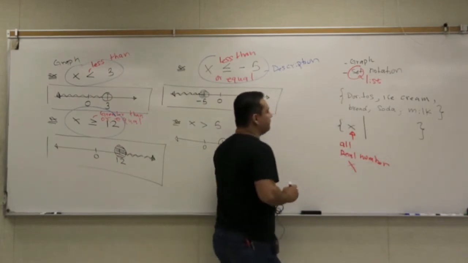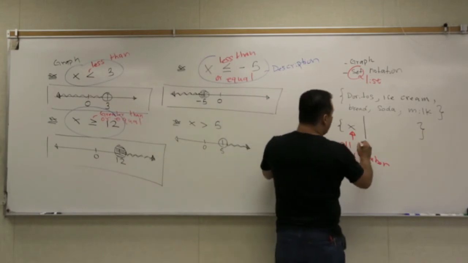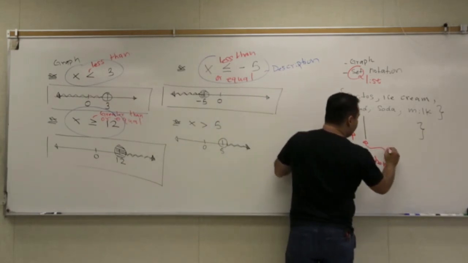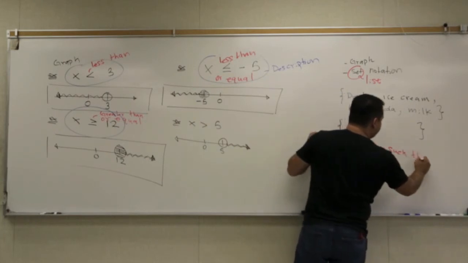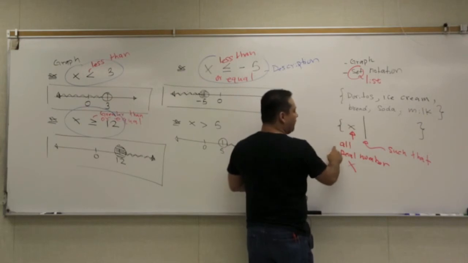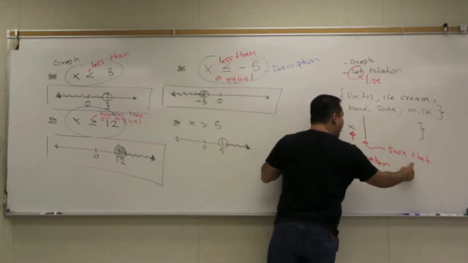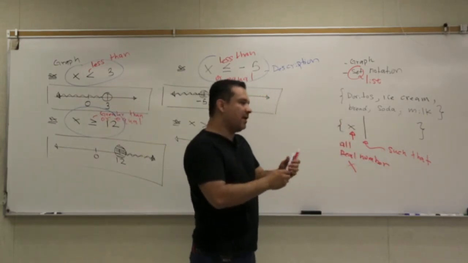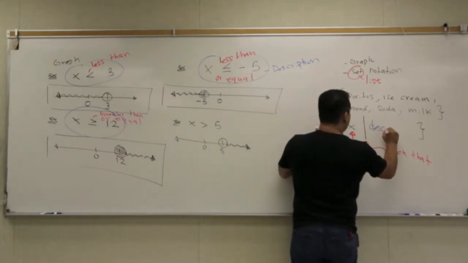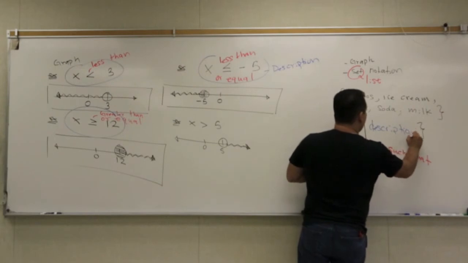The letter x. You see this vertical line? You know what that means? That's the phrase "such that." So when we read this, it's the set of all x, or the set of all real numbers, such that what comes next here is your what? Description of those numbers.